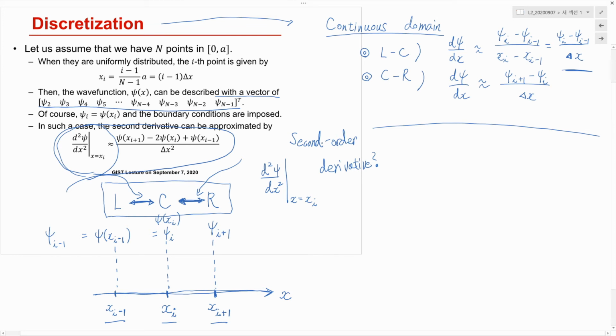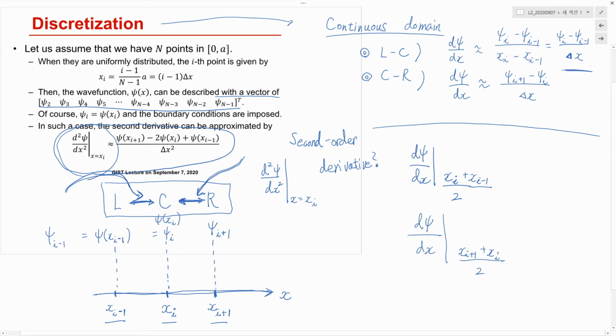Since the first order derivatives are defined in between L and C and between C and R, we will assume that these quantities are defined at the midpoint between xi and xi minus 1, and we will define another one at the midpoint between xi plus 1 and xi.